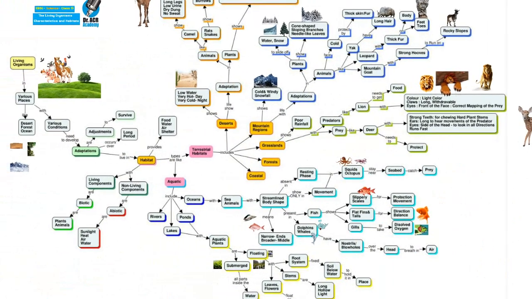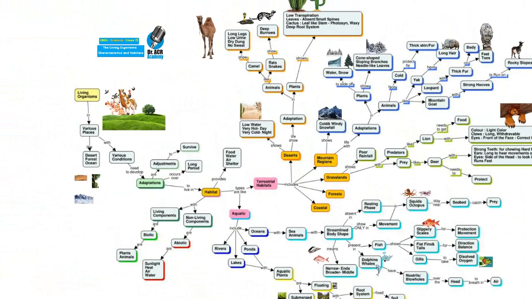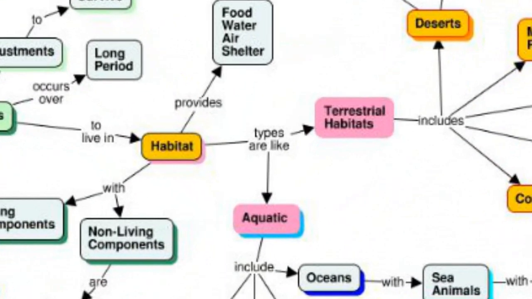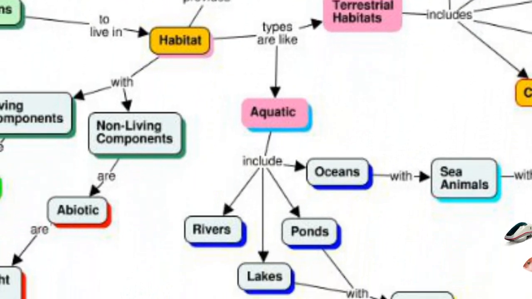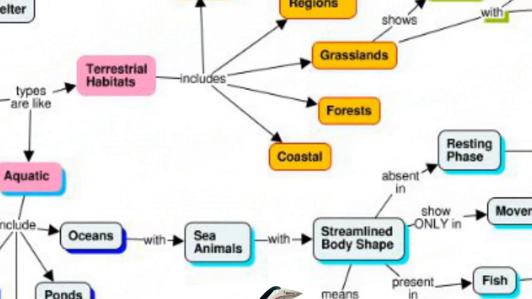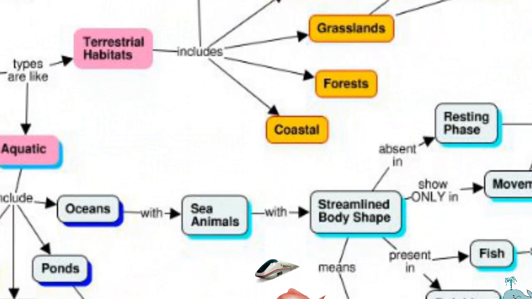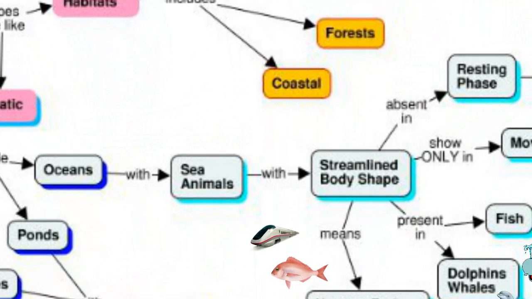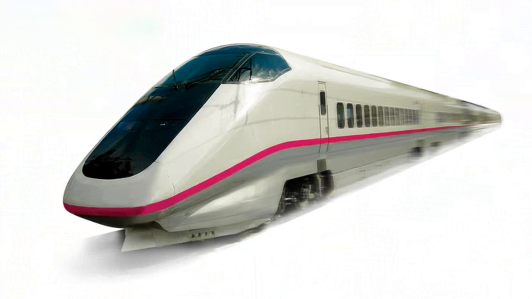Now we are going to talk about the aquatic plants and animals. Aquatic habitat includes oceans, ponds, lakes and rivers. First we'll talk about the oceans. Oceans have sea or ocean animals. They have a streamlined body, which means narrow ends but a broader middle, like a bullet train.